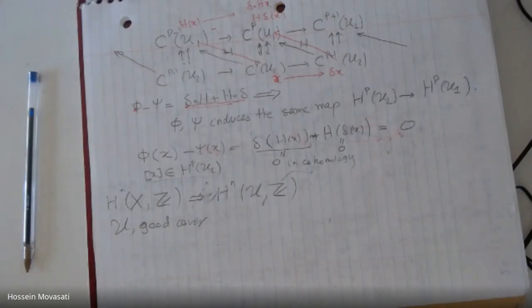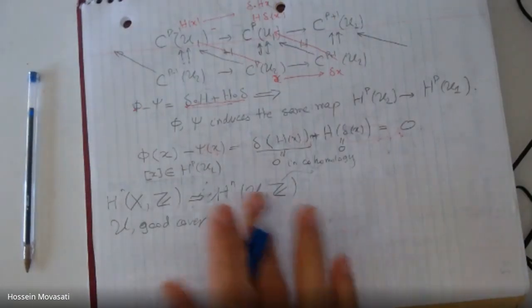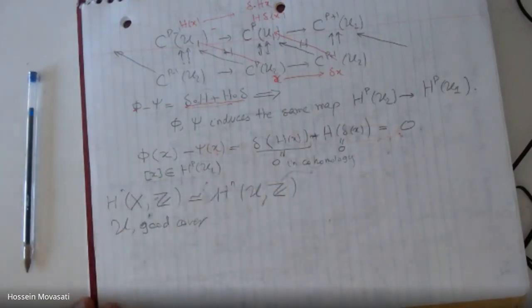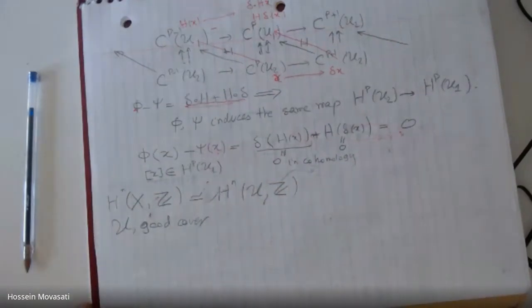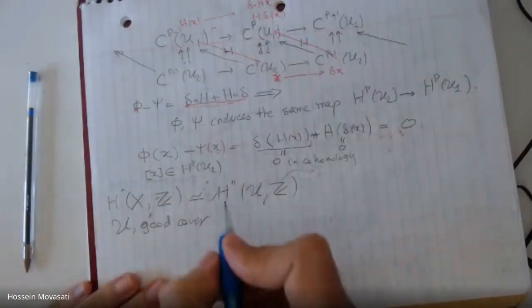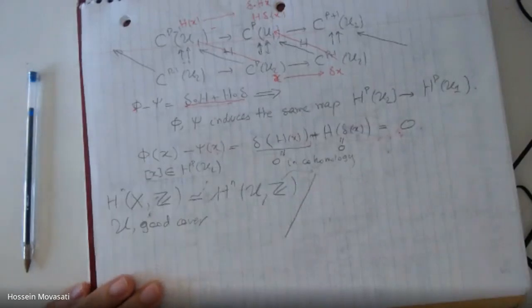Okay. So maybe enough. Well, I want to finish the Čech cohomology today, and from the next lecture I want to invest in the topology of algebraic varieties. Maybe I have to say also this one.